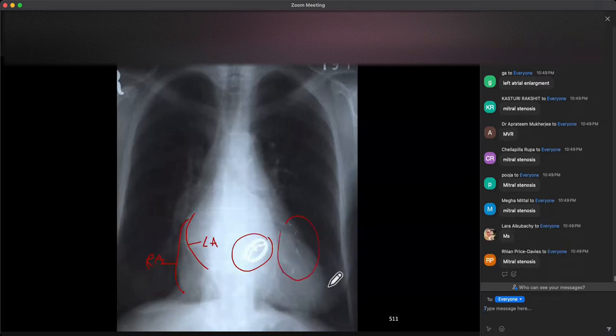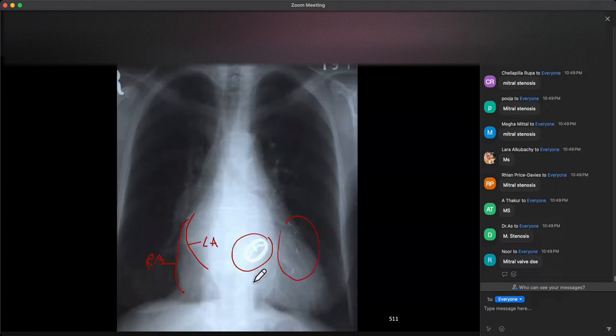So the patient's got mixed mitral valve disease, most likely. Now, mitral stenosis on its own doesn't give you cardiomegaly. In order to get cardiomegaly, you've got to have incompetence as well as stenosis. So the very fact that it's an enlarged heart means that you've almost certainly got mixed mitral valve stenosis and incompetence.